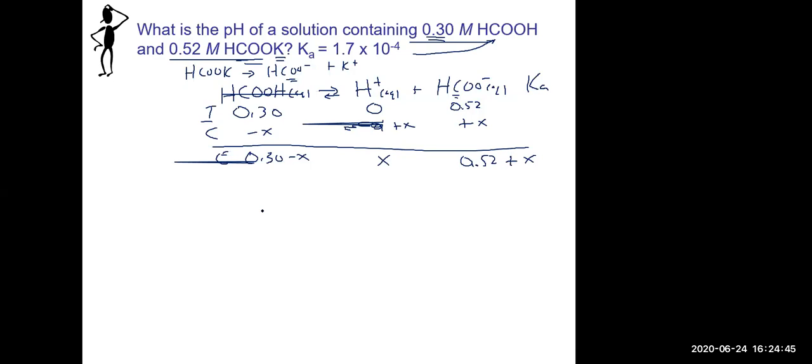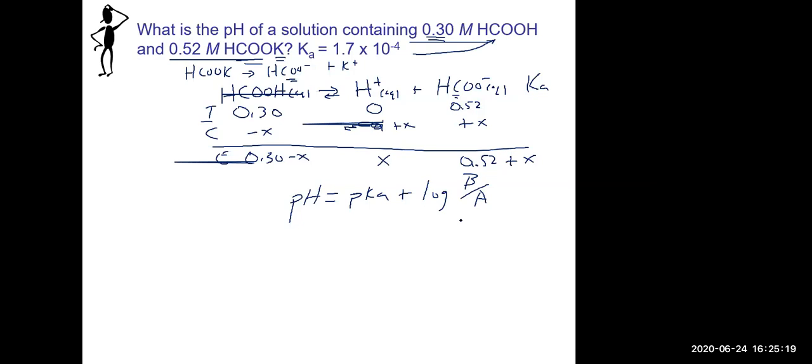Now, if you recognize that this is a common ion problem, you could avoid the table altogether, and you don't have to actually do the table. You could use the Henderson-Hasselbalch equation. And again here, the Henderson-Hasselbalch equation would be the one that we saw on the previous page. So it'll be pKa plus the log of the base over the acid.